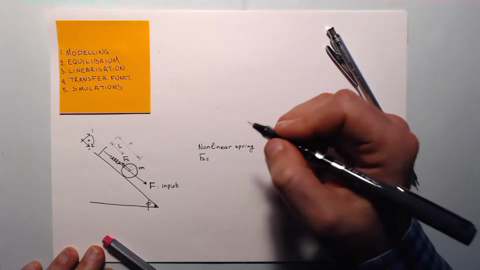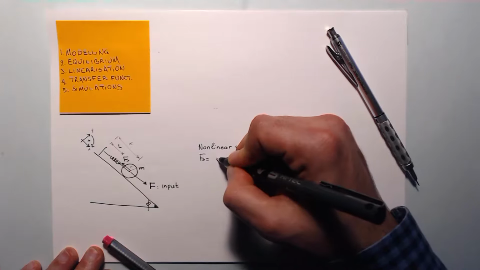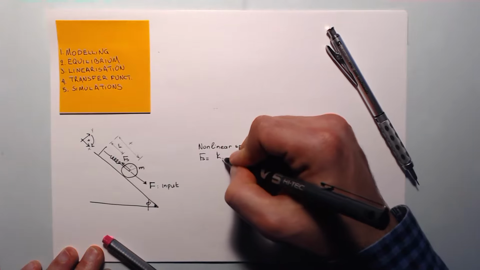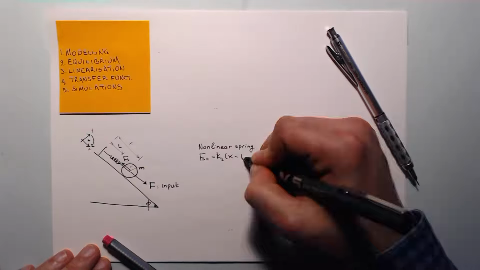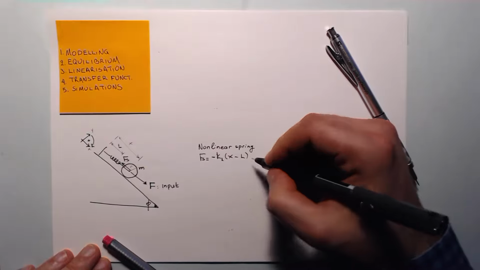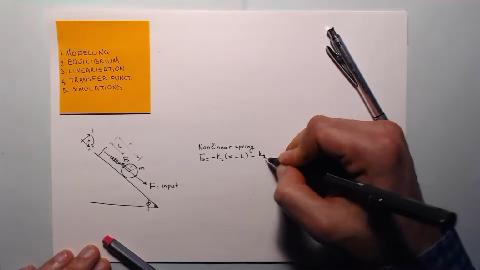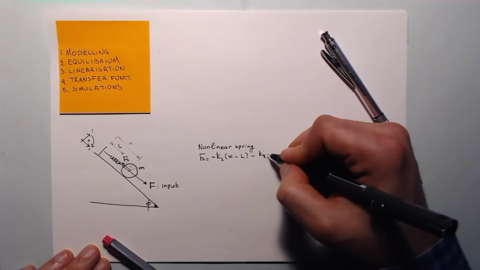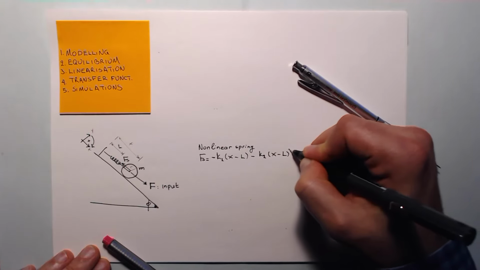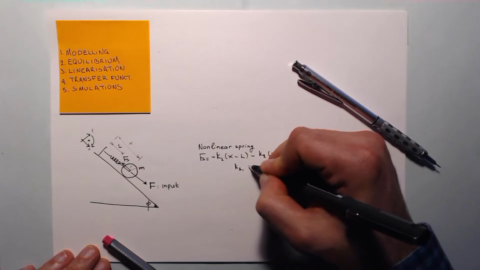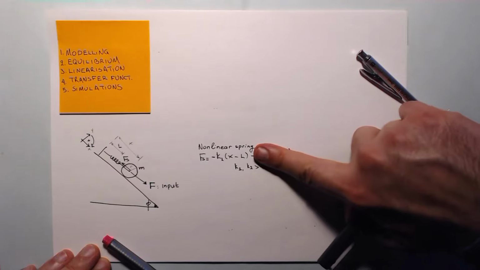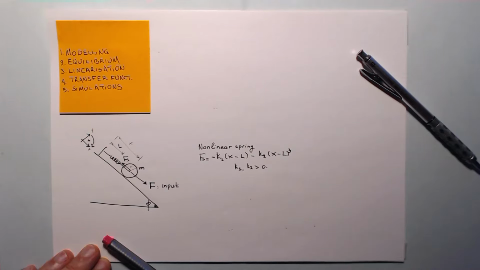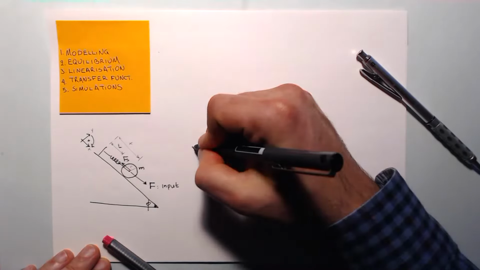Instead, the magnitude of the force is given by minus K1 times (x minus L) minus K2 times (x minus L) to the power 3, where K1 and K2 are just some positive constants. The minus is there to remind us that it has the opposite direction compared to the displacement. Without this second term, we would have a simple linear spring.